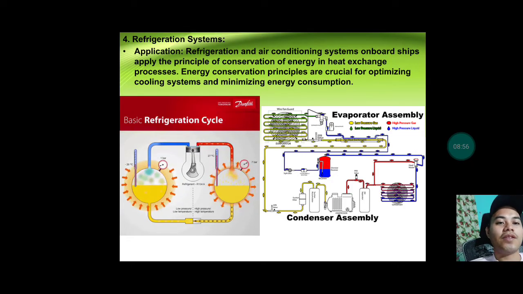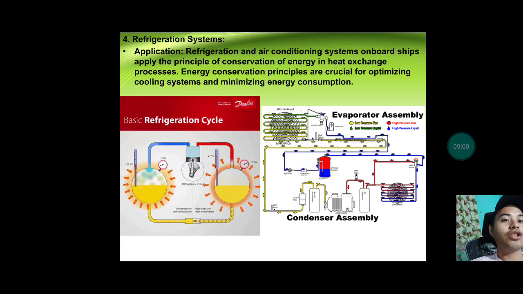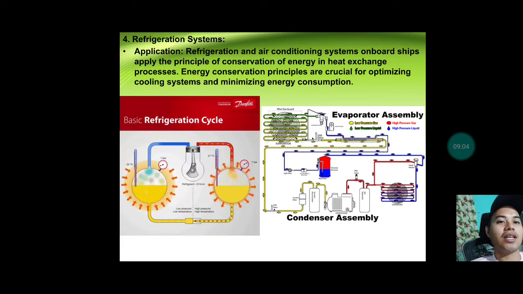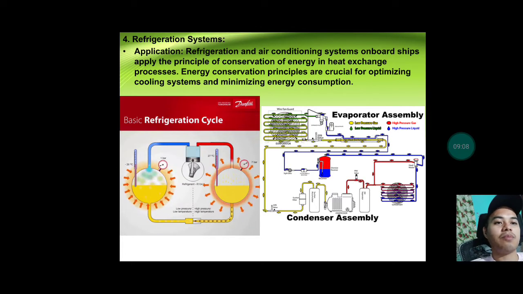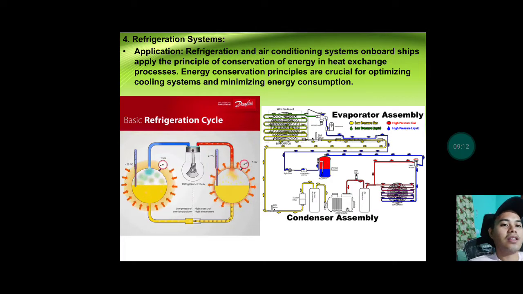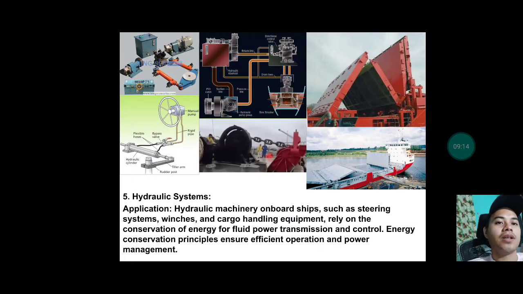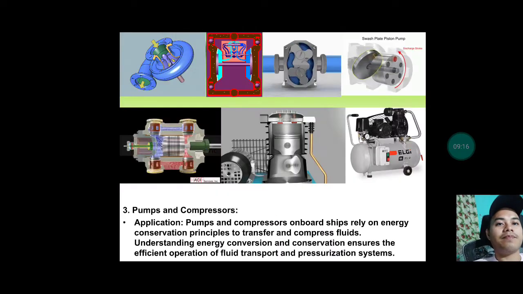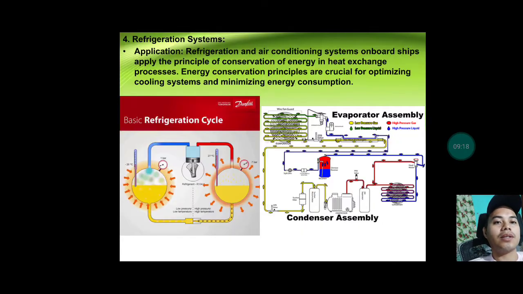Okay, next we have refrigeration systems. Refrigeration and air conditioning systems on board ships apply the principle of conservation of energy in heat exchange processes. Energy conservation principles are crucial for optimizing cooling systems and minimizing energy consumption, thereby using Bernoulli's principle also.